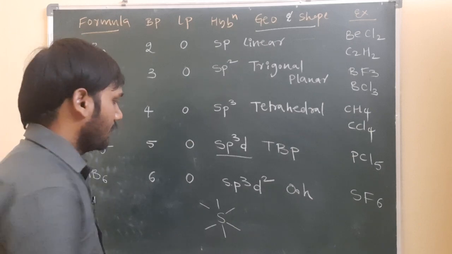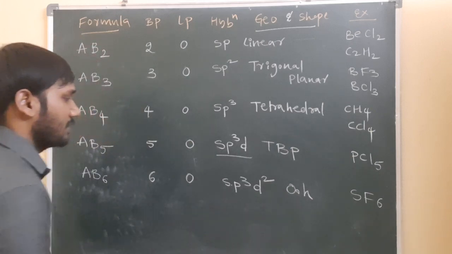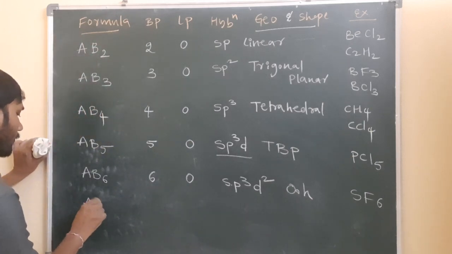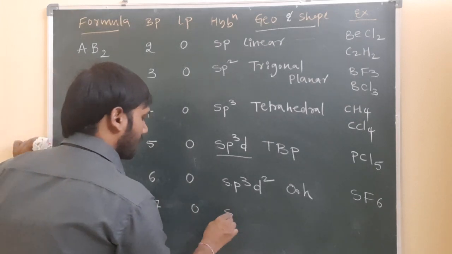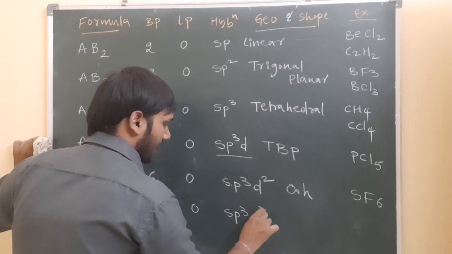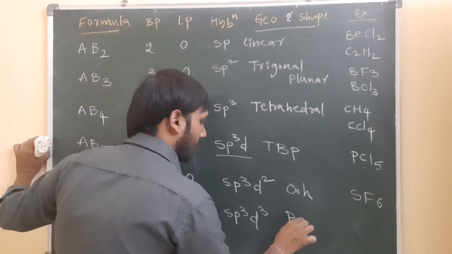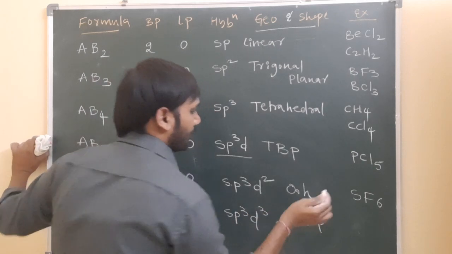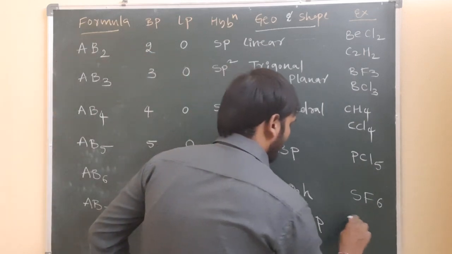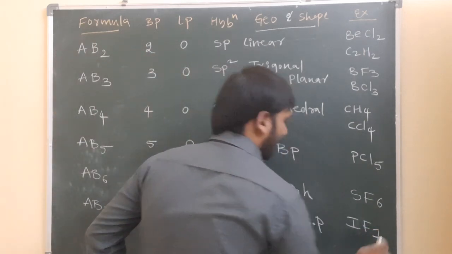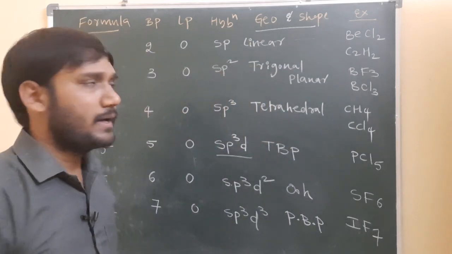This is octahedral. Next one is AB7: 7 bond pairs, 0 lone pairs, sp3d3. The geometry and shape are pentagonal bipyramidal. Example IF7, iodine heptafluoride.